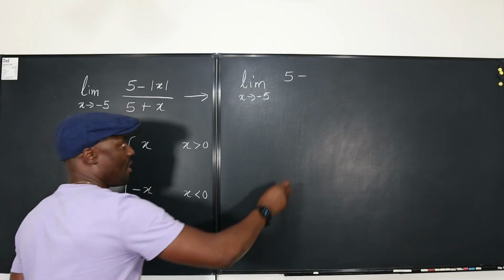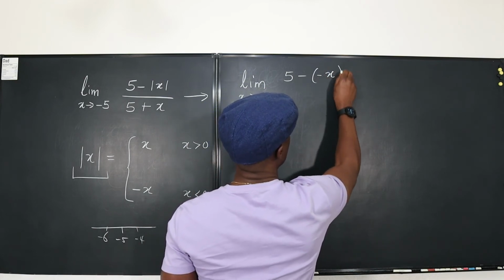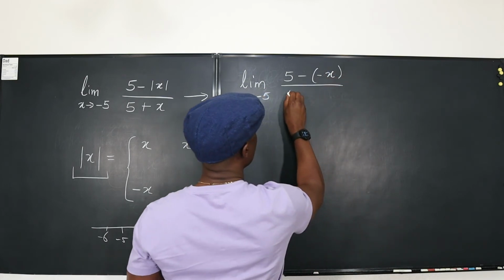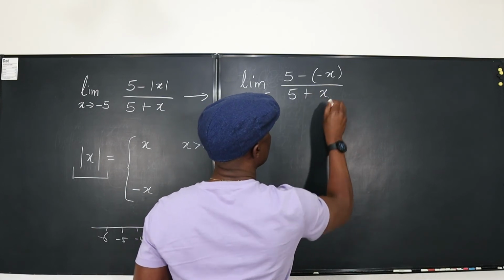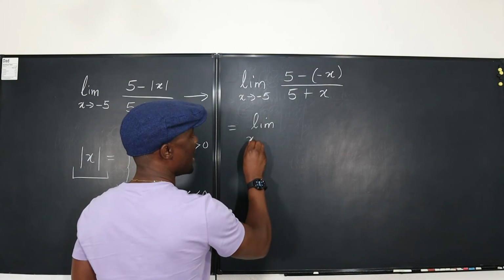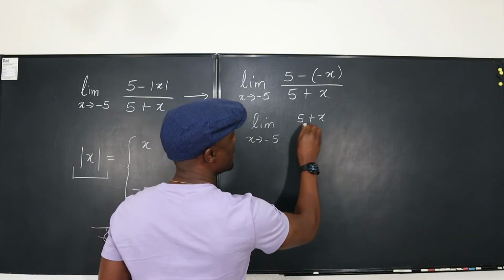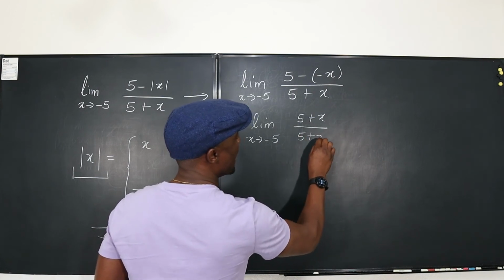So it's the negative option. Minus negative x divided by 5 plus x. You see that? And this is the same thing as the limit as x approaches negative 5 of 5 plus x over 5 plus x.